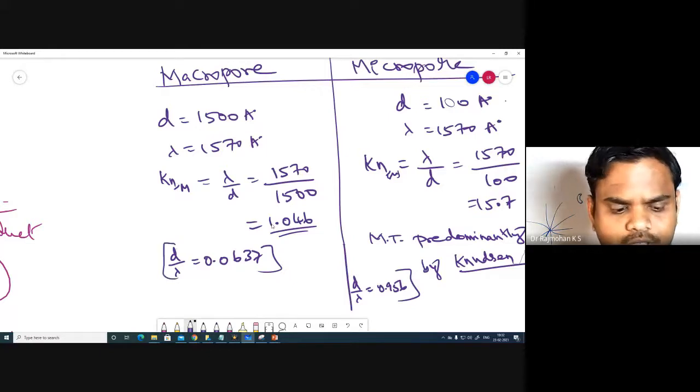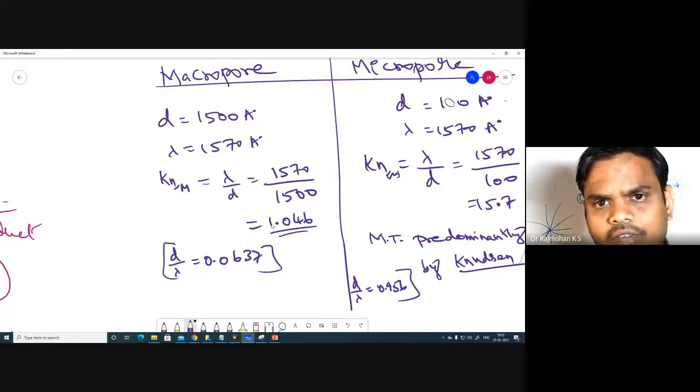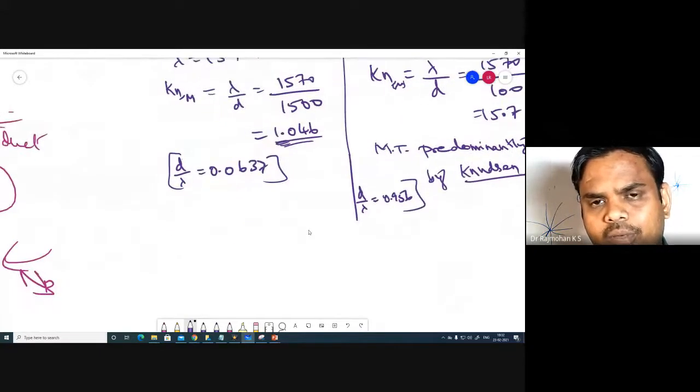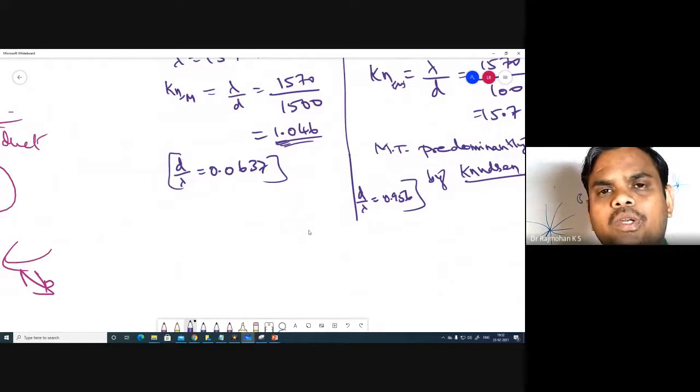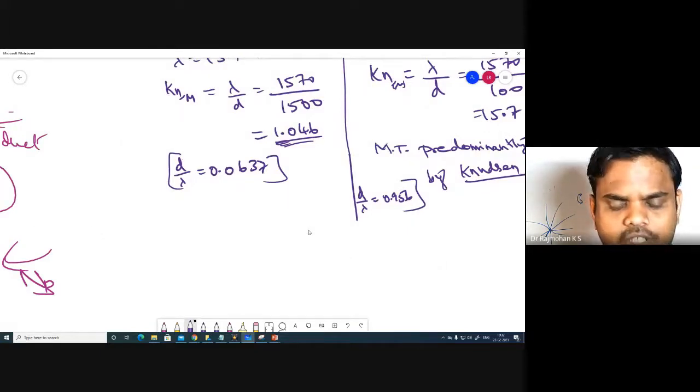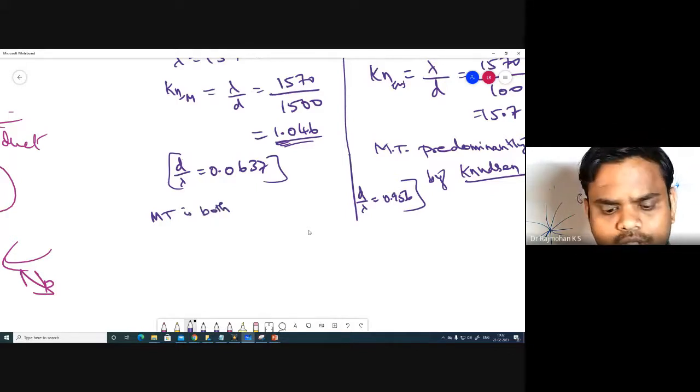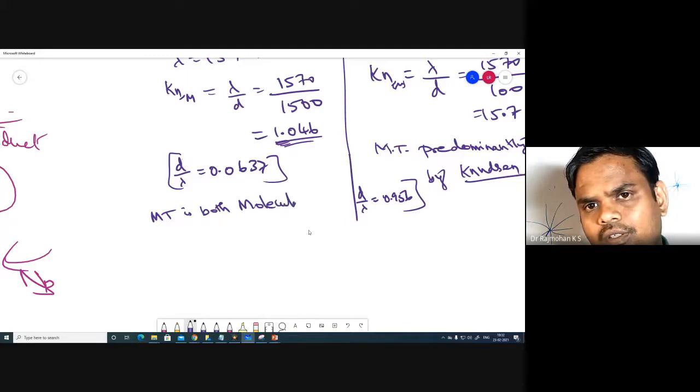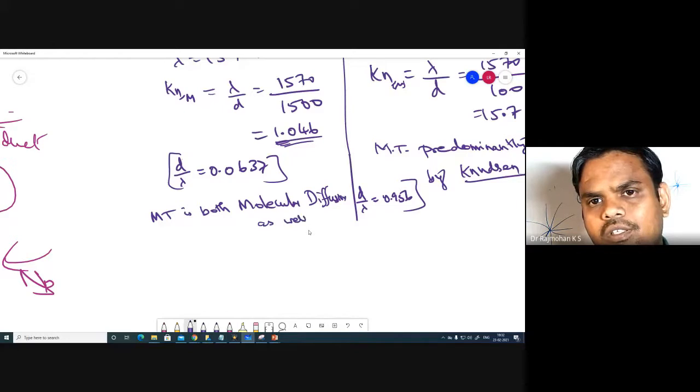When the Knudsen number is close to 1, is molecular diffusion predominant, or Knudsen diffusion predominant, or are both taking place? Here, when the value is close to 1, mass transfer is controlled by both molecular diffusion as well as Knudsen diffusion.